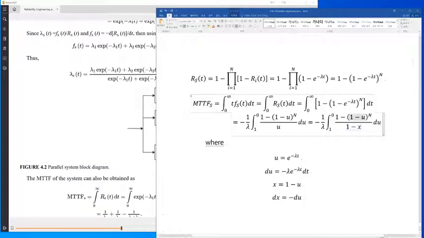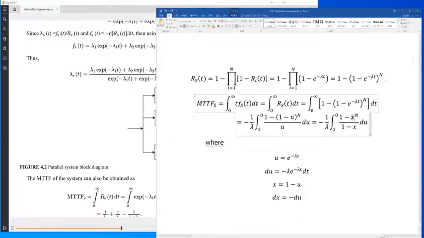Instead of 1 minus u, we have x to the power n. And the minus will be deleted. This becomes dx, and the integration, not from 1 to 0, now becomes from 0 to 1.